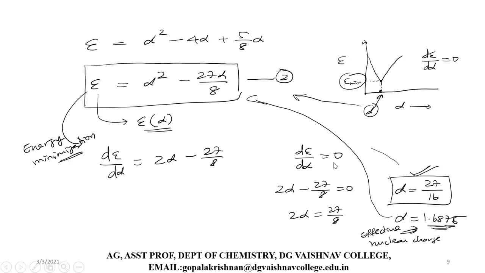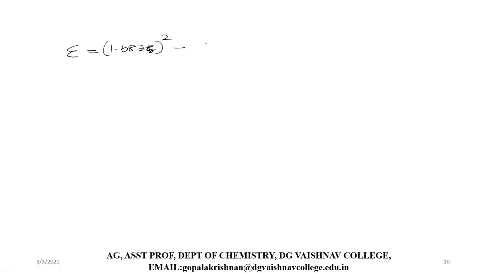So E is equal to, substituting the value, 1.6875 square, alpha square, minus 27 by 8 into 1.6875.